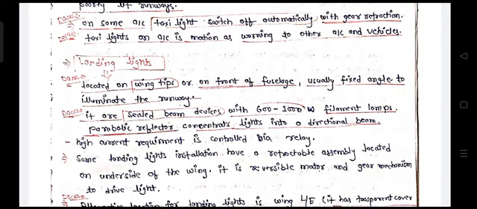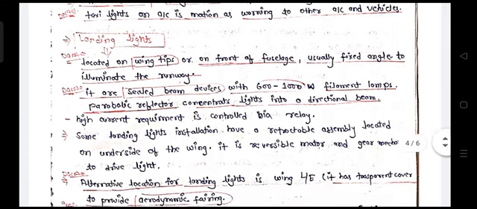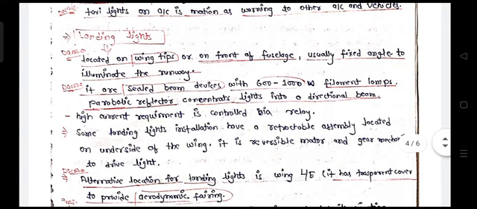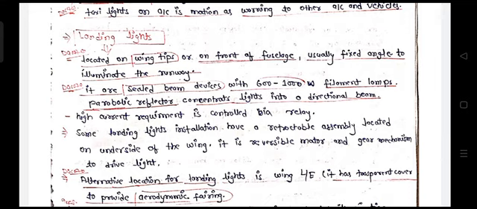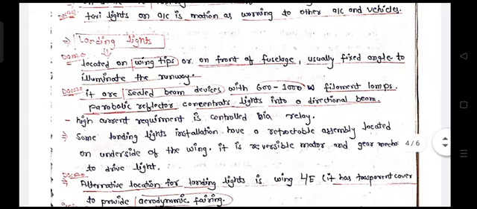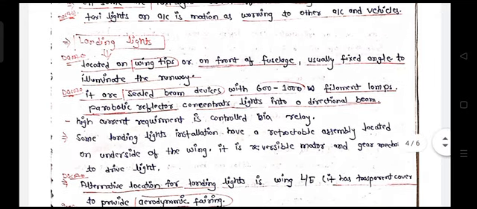The moment you retract the landing gears into the wheel well area, the lights will go off. When the aircraft is in motion, taxi lights are on as a warning to other aircraft and vehicles.